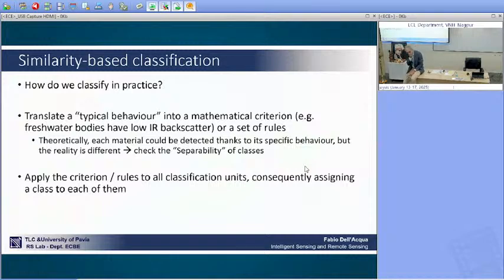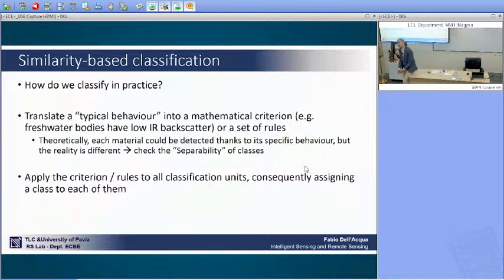So that's the important point. You have information classes, which is what you would like to distinguish. But then there are also so-called spectral classes, which are what can actually be distinguished because they have different spectral responses. So a spectral class is a distinct spectral behavior.